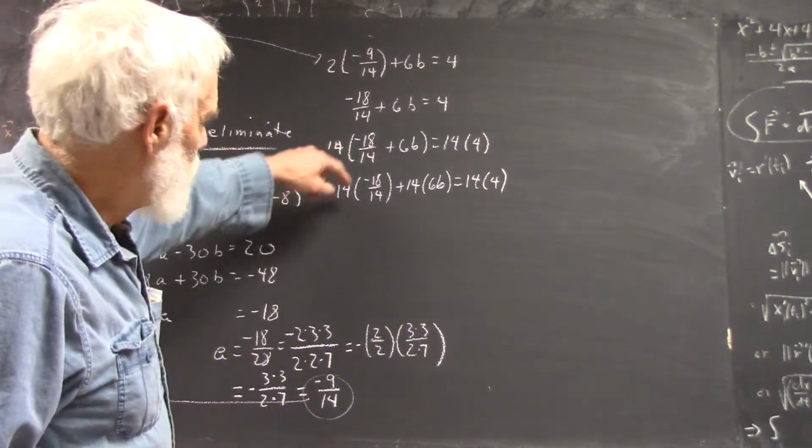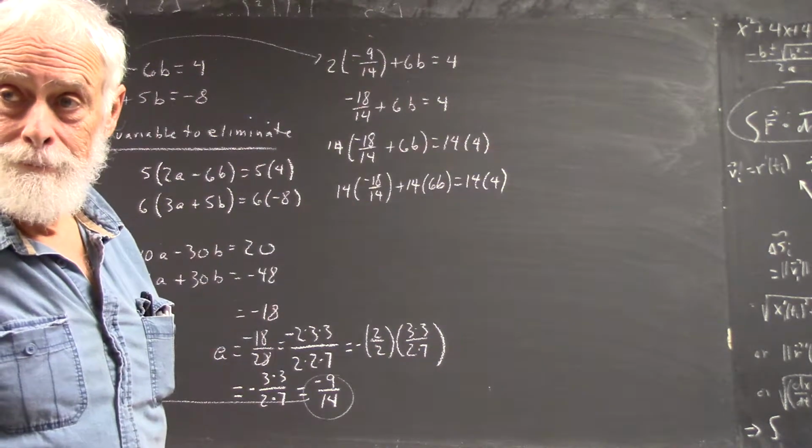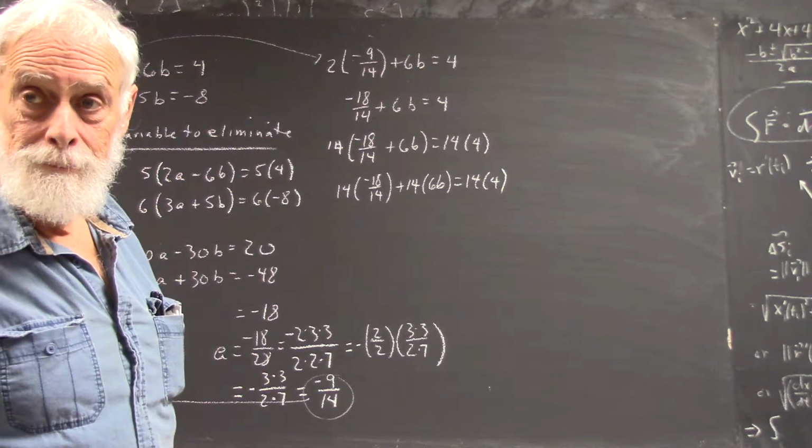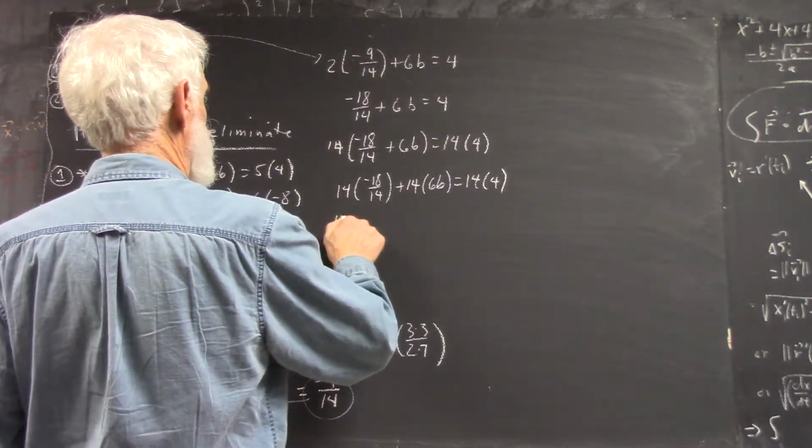Now what's 14 times negative 18 over 14? It's not hard. It's just gonna take me a bit.